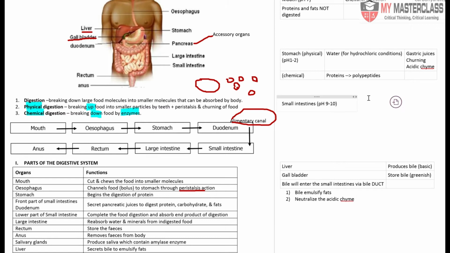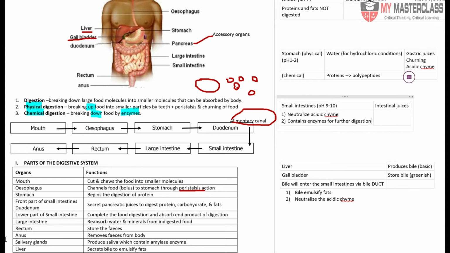Coming back to the small intestines, it also produces its own intestinal juice. Two things to do with this intestinal juice. The first is that it will also help to neutralize the acidic chyme. The second is that it contains enzymes for further digestion.